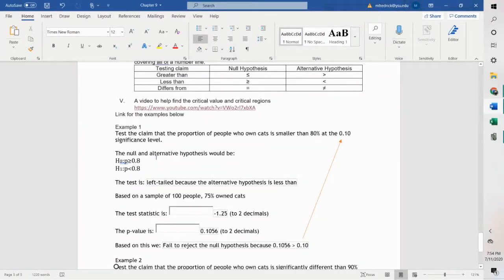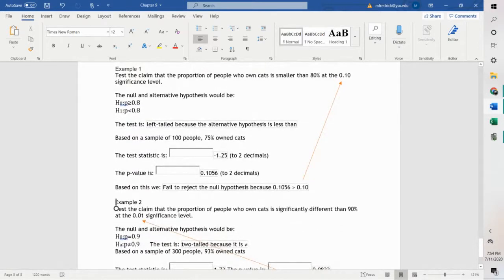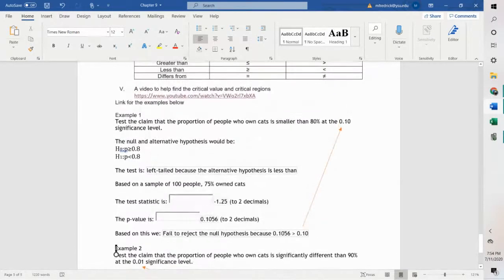Well, that means our null hypothesis is going to be everything greater than or equal to 80%, and the alternate is less than, the smaller than part. Because we're testing less than, that's a left tail, because you could think of the way it's pointing left. So it's left tail. And this video above will help you with that also and show you the curve.